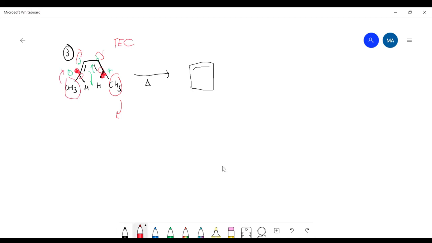So your final product should look like this. One will go down, one will go up. Okay, so to draw it, a better drawing of this product is one is in front and one is at the back. So you get a trans product.